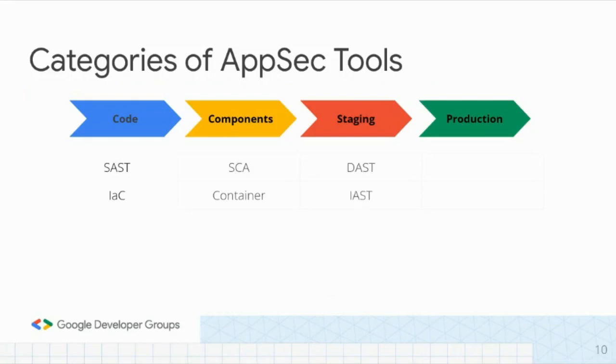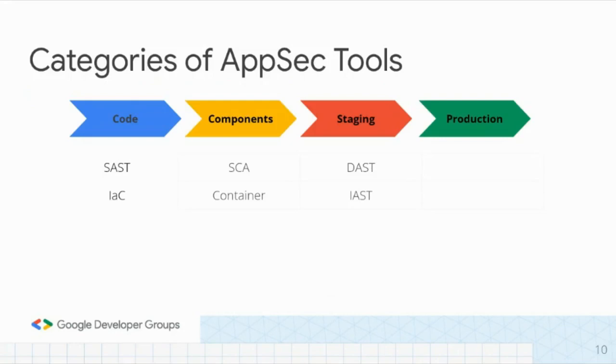stuff. On staging, we do dynamic application security testing. These are the sort of tools like OWASP Zap. So you run the code and then you pop up Zap, and you start sending some payloads that are like malicious and stuff. I don't know. There are a lot of software in this category.